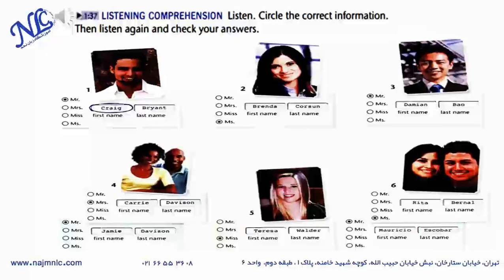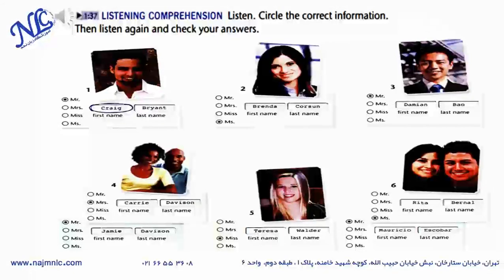Circle his title and his last name. 4. What's their last name? Circle their last names. 5. What's her first name? Circle her first name. 6. What's her title? Circle her title.